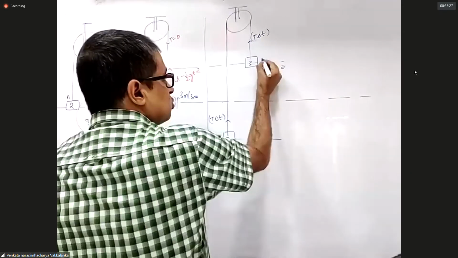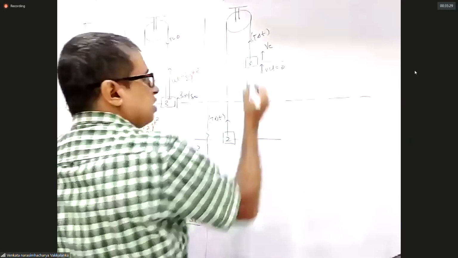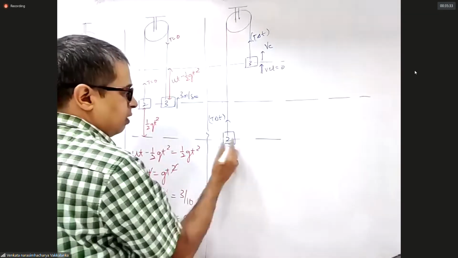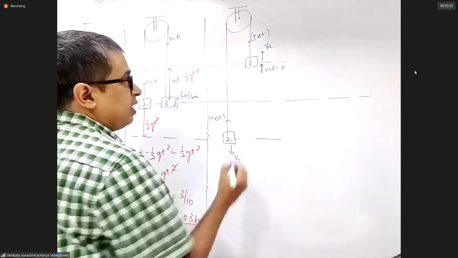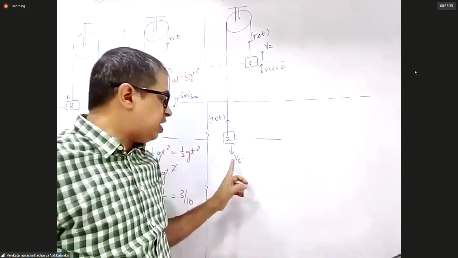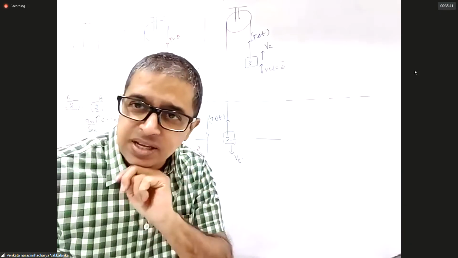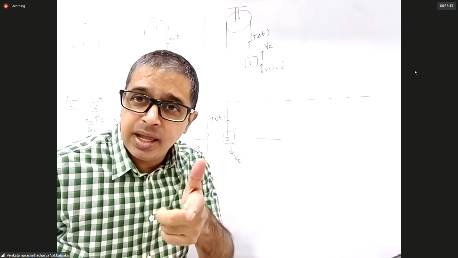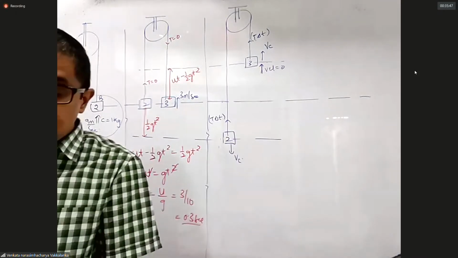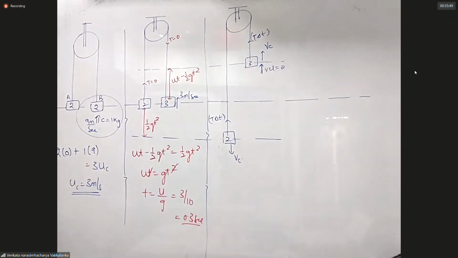Just after the string became taut, I will say this is v common and this is v common velocity. Both will have the same velocity. Why? String constraint. Two ends of the same string.